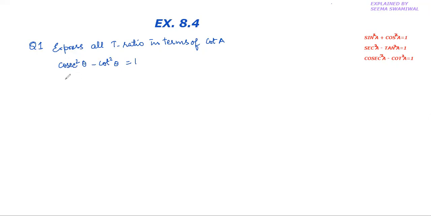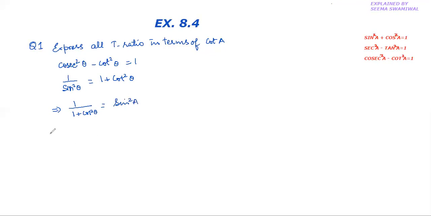So I'll be writing this as 1 upon sine square theta is equal to 1 plus cot square theta. Or I may write that 1 upon 1 plus cot square theta is equal to sine square theta.